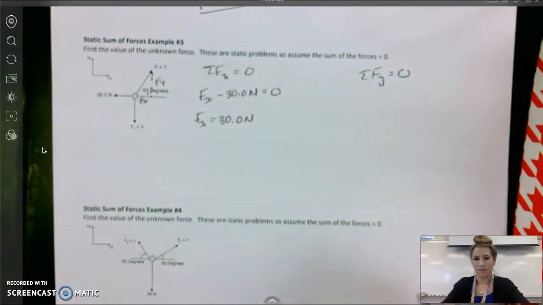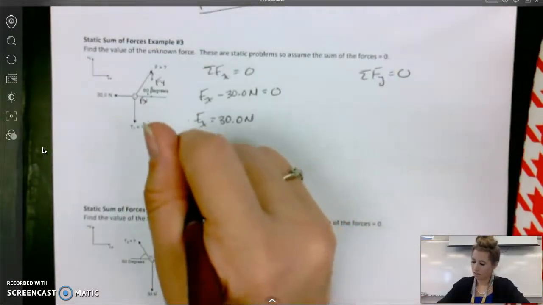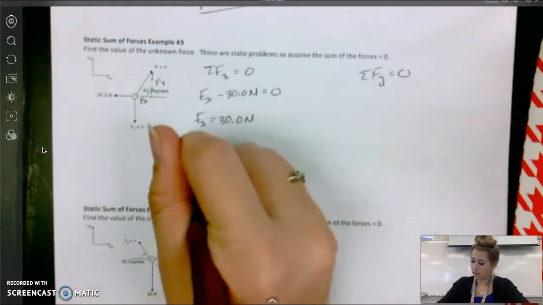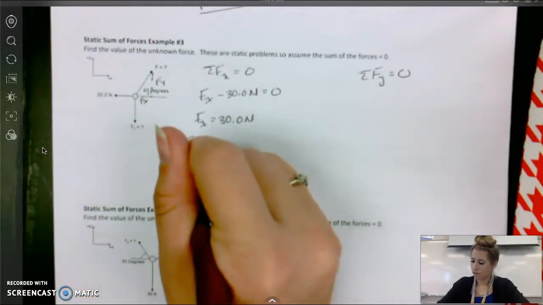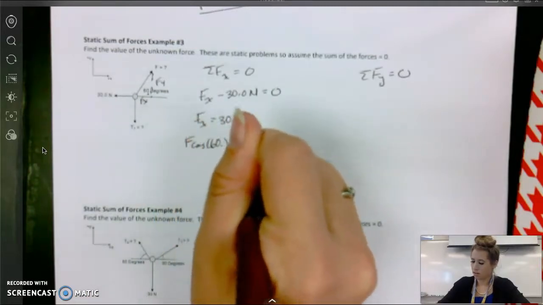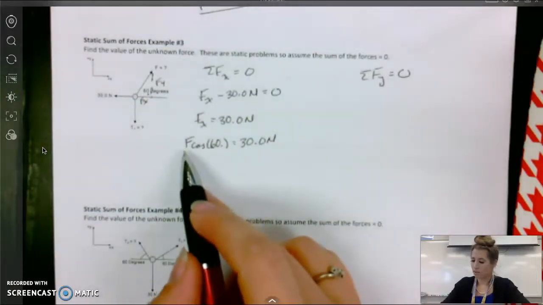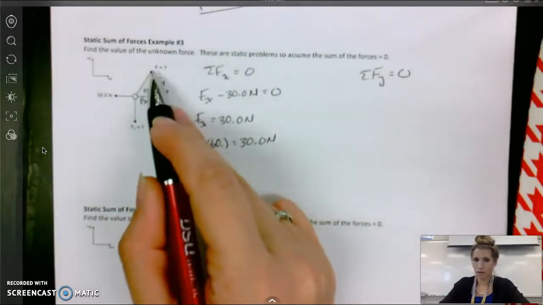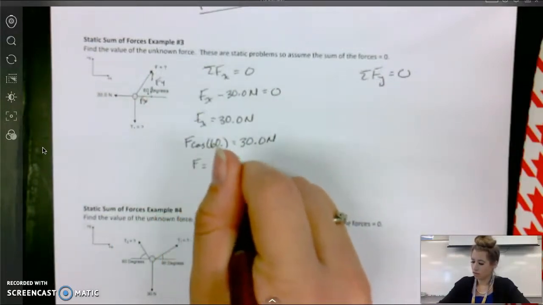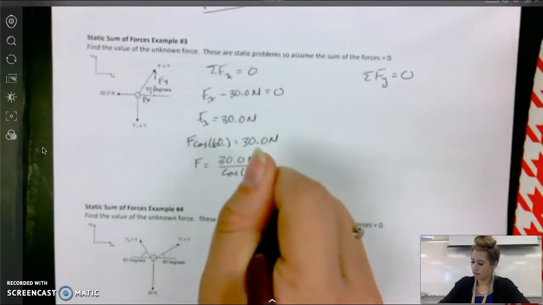Okay. Now, reminder, F sub x is the same thing as, let's see, x is adjacent to this angle, so F cosine 60 degrees. That's going to equal 30 newtons. So if I want to solve for that force here, the hypotenuse, I'm just going to say F is equal to 30 newtons divided by the cosine of 60.